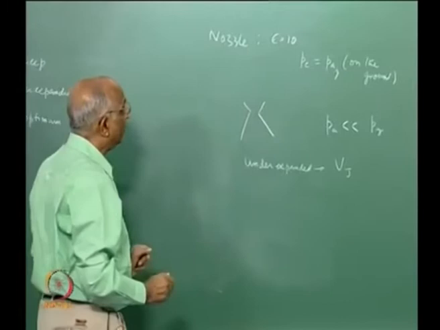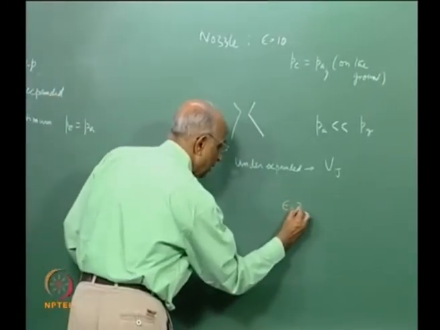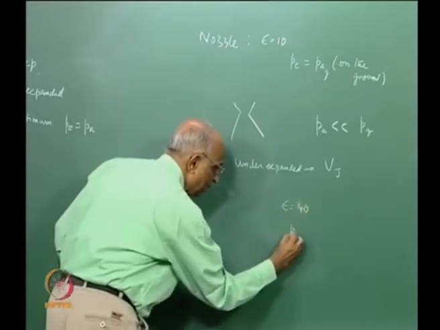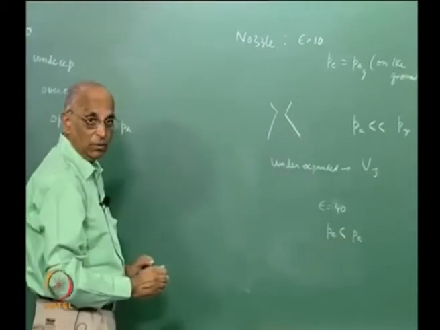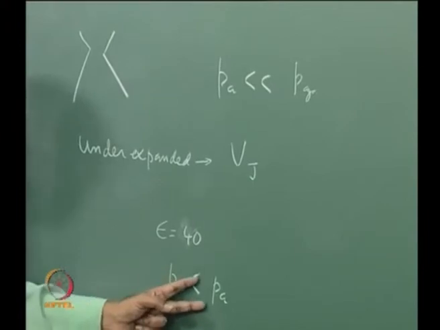Whereas on the other hand, if I have a nozzle on the ground with an area ratio of, let us say, 40, which gives me an exit pressure which is less than the ambient pressure on the ground, now the nozzle is over expanded.